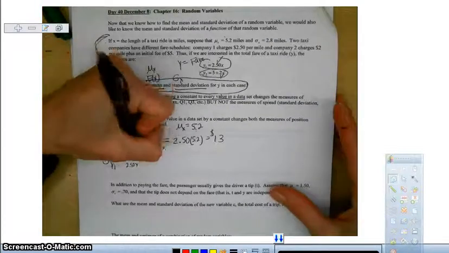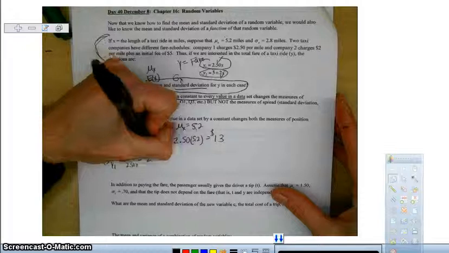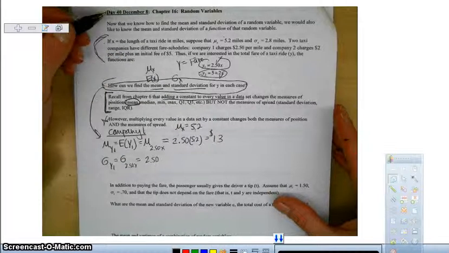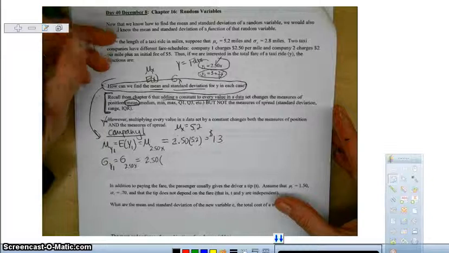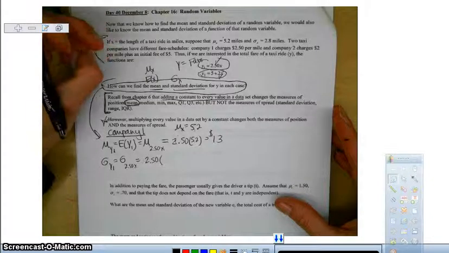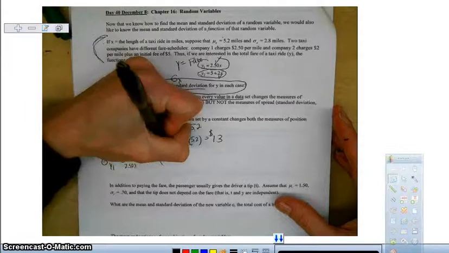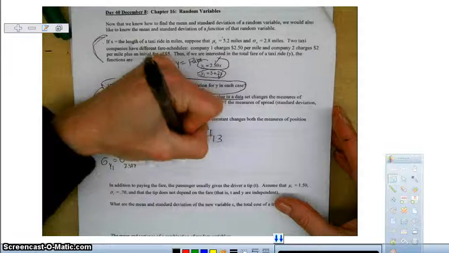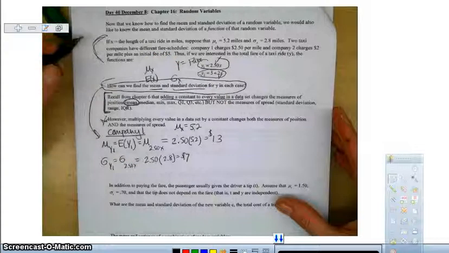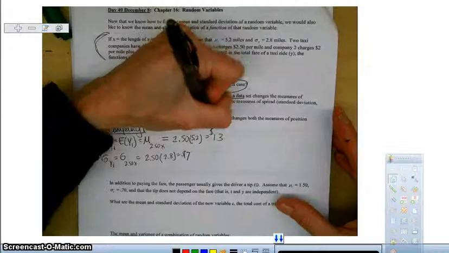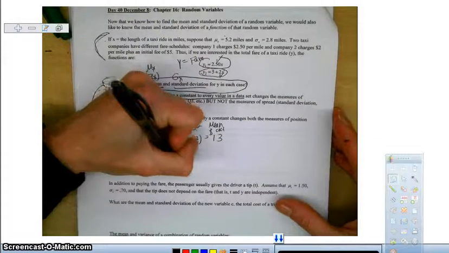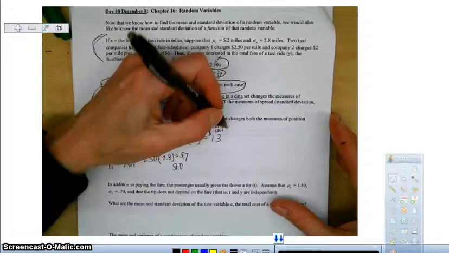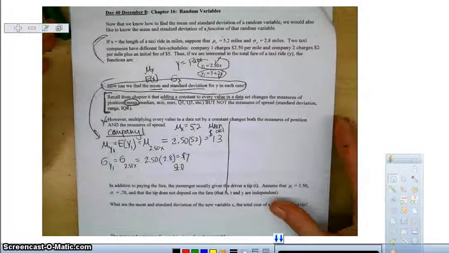So all I have to do is take $2.50 times the standard deviation of X. And what was the standard deviation of the length X, length of a taxi ride? It's 2.8. So the standard deviation would be $7. So the mean cost is $13. The standard deviation is $7 for company 1 of the cost.